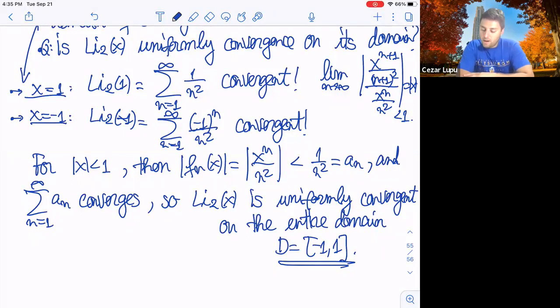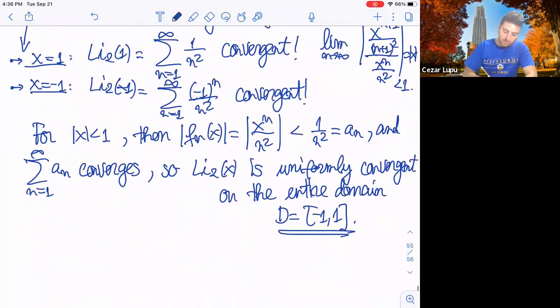All right. Now let me give you another example, another application of the Weierstrass M-test, but this time this problem has nothing to do with series of functions.